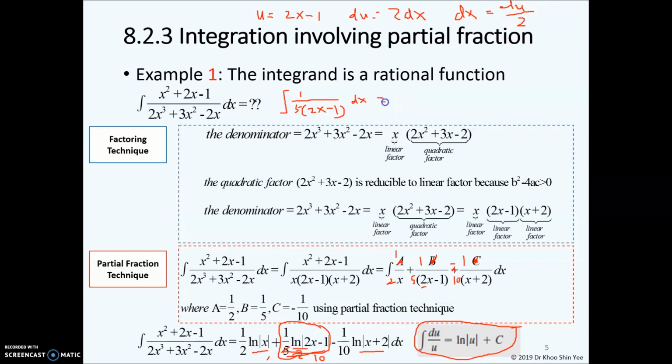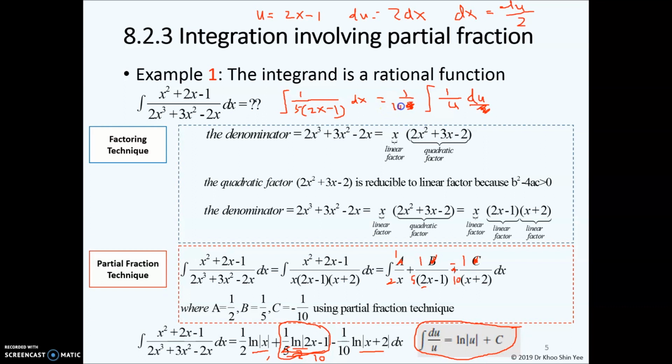So we can substitute. 1/5 can be taken out. 1/u du becomes du/2, and we can bring the 2 outside.